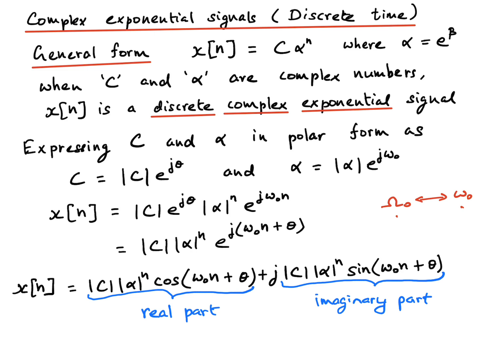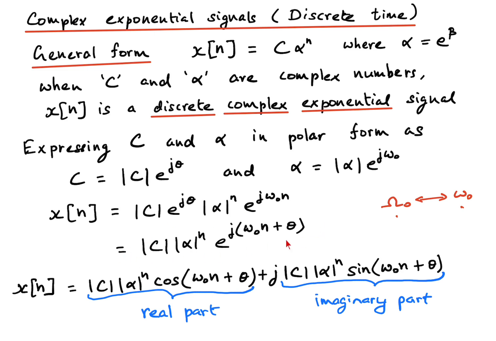So they can be used interchangeably, unless we want a clear distinction that in this particular problem this omega naught means discrete frequency and this omega naught means continuous frequency, and so on. But where this distinction is not needed, we will just use the same notation. That's only a case of notation, it doesn't matter.